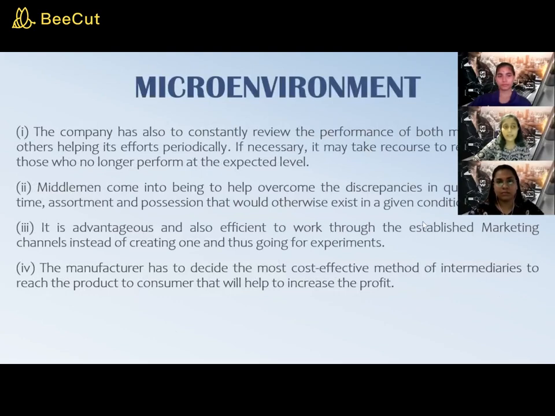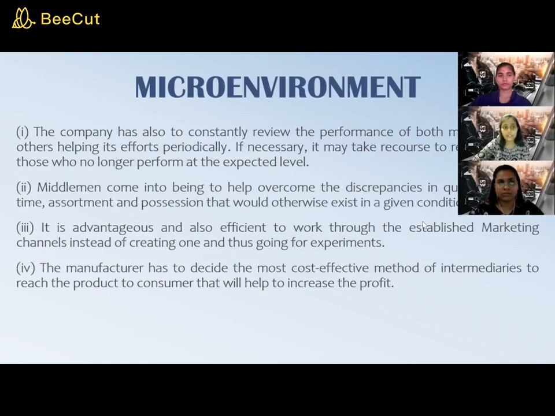The company also has to constantly review the performance of both middlemen and others helping its effort periodically. If necessary, it may take recourse to replacement of those who no longer perform at the expected level. Middlemen come into being to help overcome the discrepancies in quantity, place, time, assortment, and possession that would otherwise exist in a given condition.